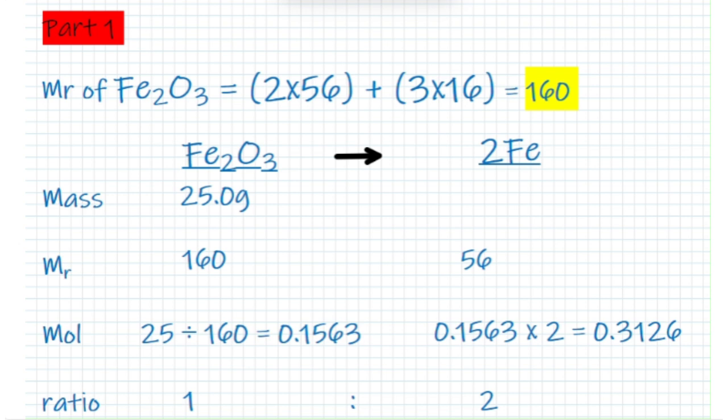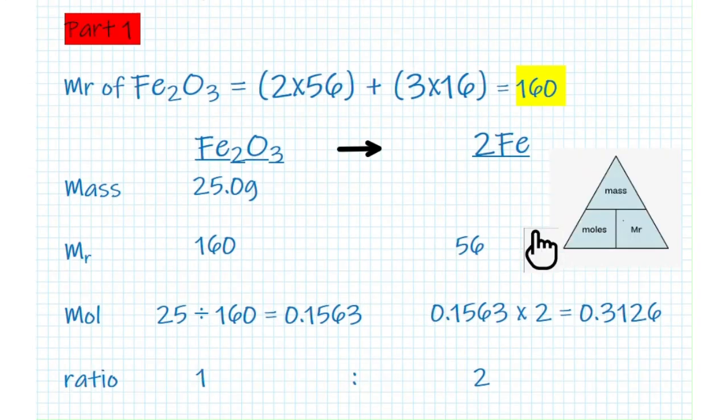So the Mr for iron is 56. That was the Ar that we got upstairs there. And then we use our triangle again to work out the mass, which is the moles times the Mr.